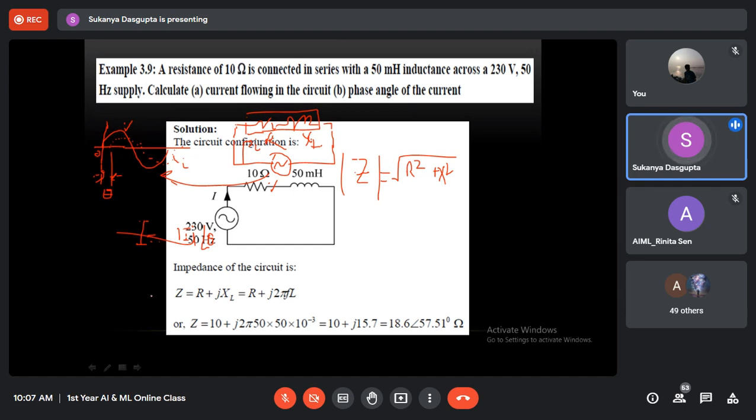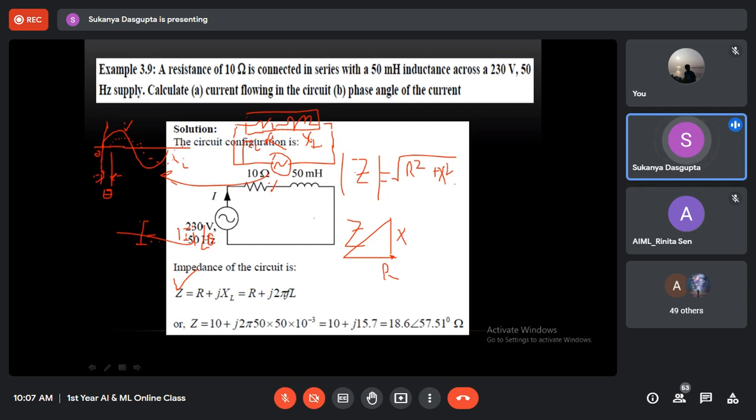So we need to consider the expression of impedance like R plus jXL, having the real part, which is the resistance, and an imaginary part, which is XL, because we need to follow the impedance triangle always. This is R, this is X, so this is Z. So if you find the magnitude only, you will see Z equals square root of R square plus X square.